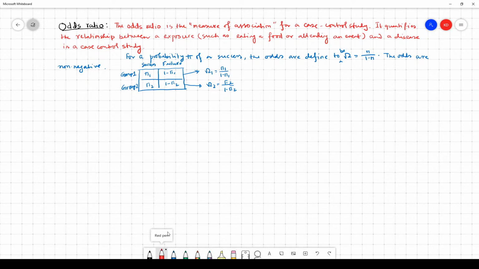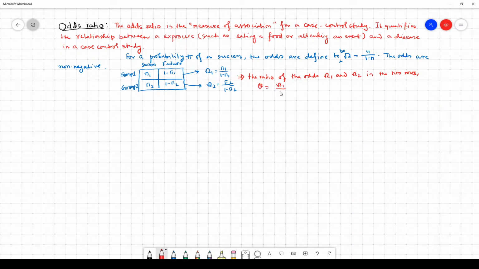So the ratio of the odds omega 1 and omega 2 in the two rows is denoted by theta, which is called the odds ratio.